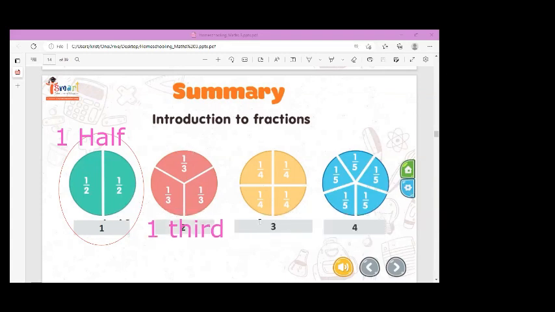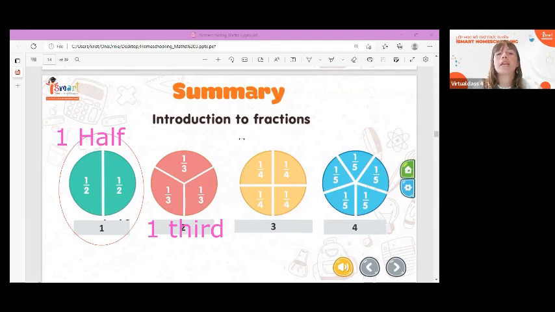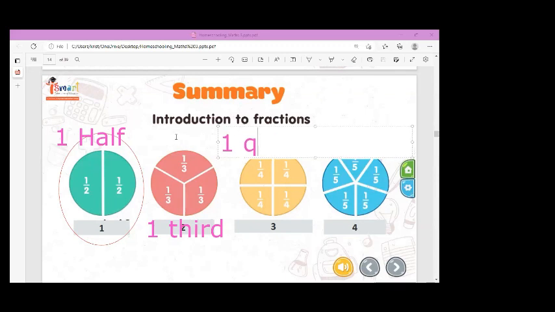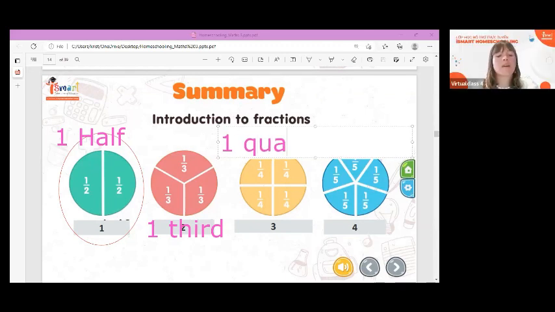There we go. Great. All right. Number 3. Who can tell me what fraction is this? Nguyễn Minh Hiếu. 1/4. There we go. 1/4.